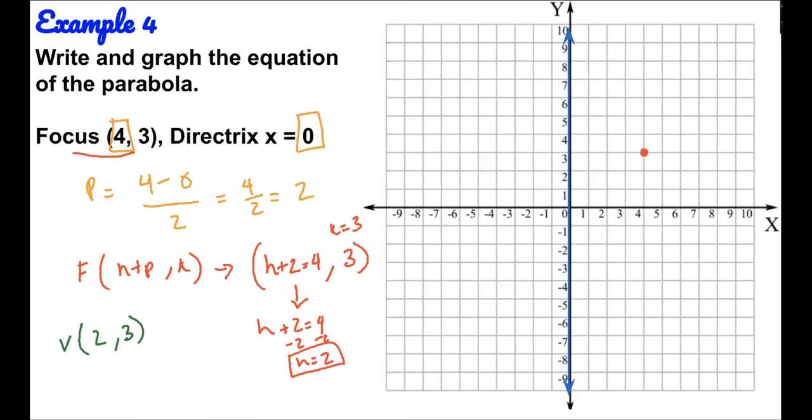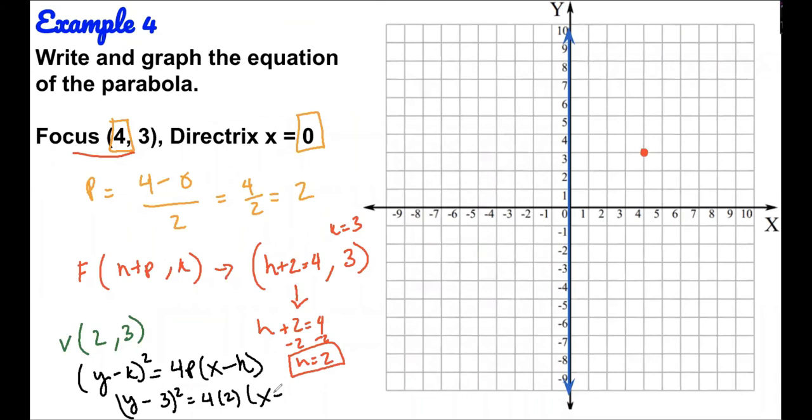Now we can write our equation. This time we're going to have (y minus k) squared equals 4p times (x minus h). Substitute the values: (y minus 3) squared equals 4 times p, p is 2, times (x minus 2). Let's simplify one last time.